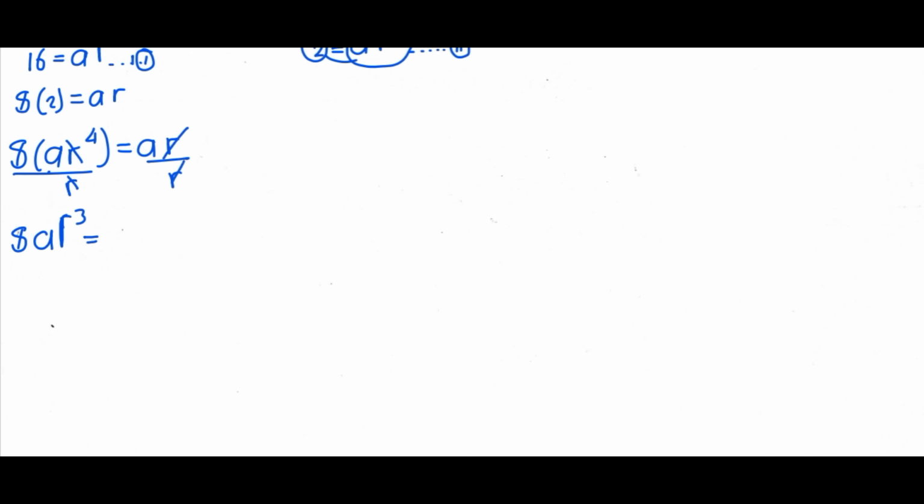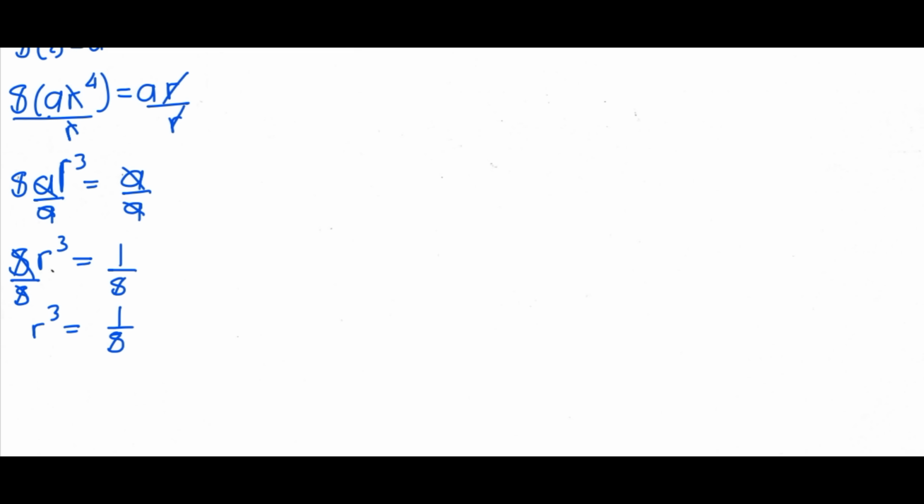Also here we can cancel. We have A, so let's also get rid of A. We divide by A, also here by A. So 8 R raised to the power 3 is equal to this into this will cancel, will give us 1. We can divide by 8, also here by 8. So R to the power 3 is equal to 1 over 8.